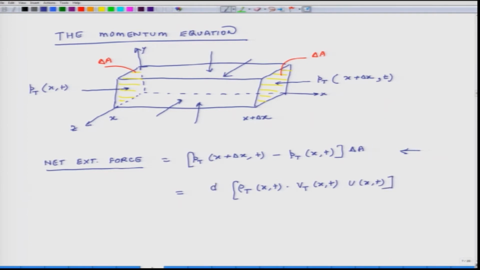The rate of change of momentum is d over dt, and because the pressure acts inwards, I have a negative sign here.